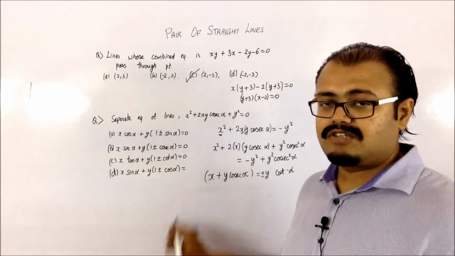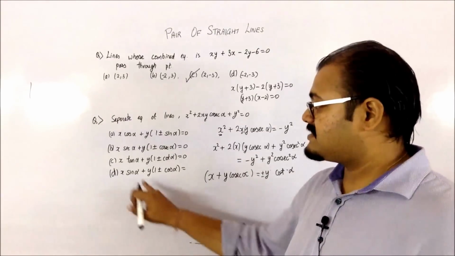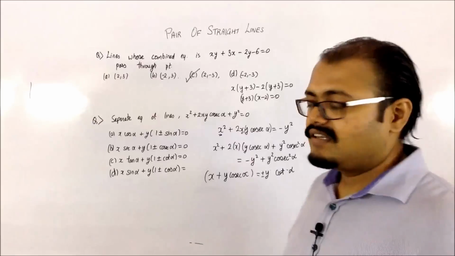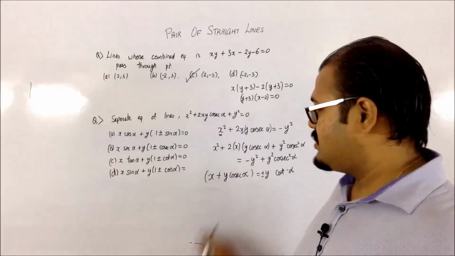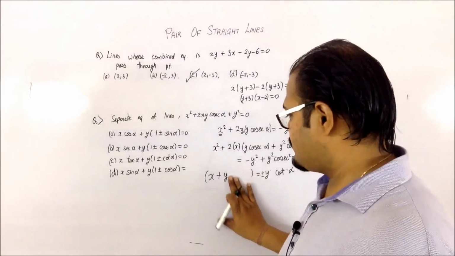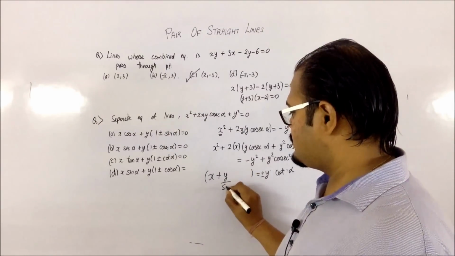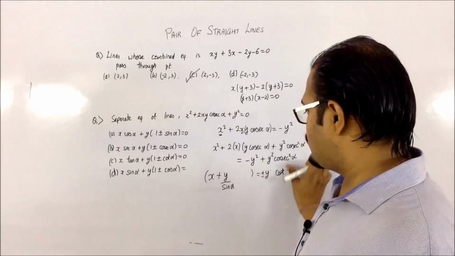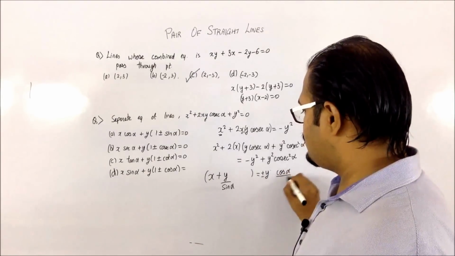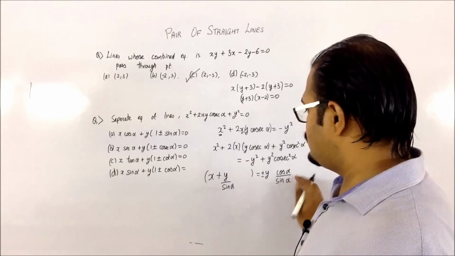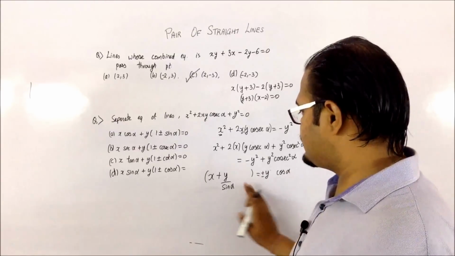After this, if you just observe the options, they are present in sine and cos, so you have to convert this into sine and cos. Your cosec is nothing but 1 by sine alpha, and your cot alpha is nothing but cos alpha upon sine alpha. So you will have to multiply throughout by sine alpha.